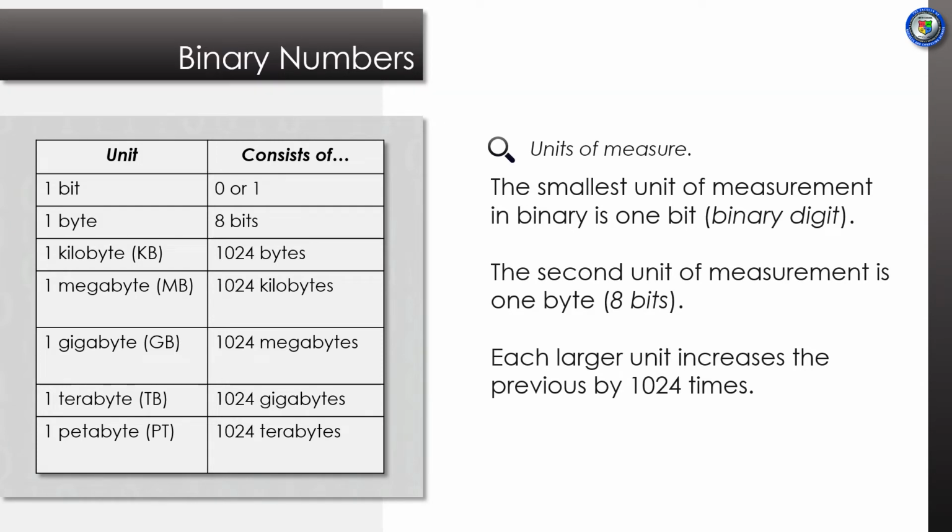So 1 kilobyte would be 1024 bytes. 1 megabyte, 1024 kilobytes. 1 gigabyte, 1024 megabytes. 1 terabyte, 1024 gigabytes. And 1 petabyte, 1024 terabytes. So in conclusion, 1 bit, zeros or ones, 1 byte is 8 bits, and then we use that magic number of 1024 as we progress up the units of measurement from kilobyte to megabyte to gigabyte, terabyte, and finally petabyte.